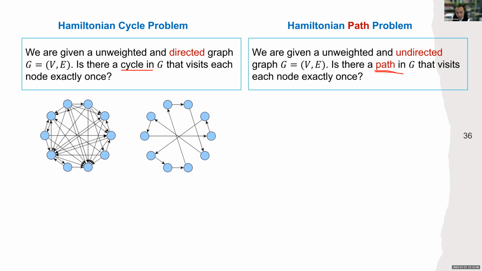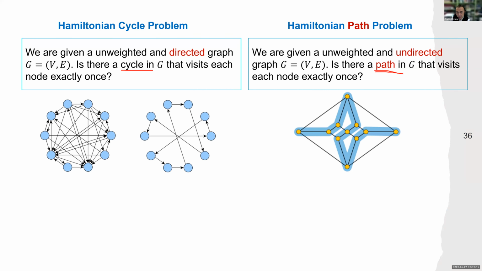So I want to find a path that visits every node exactly once. For example, you can go from the left and go through all the nodes and finish at the right. That is fine. You don't need to go back to the left. It's not necessary. So path is less challenging compared to cycle.